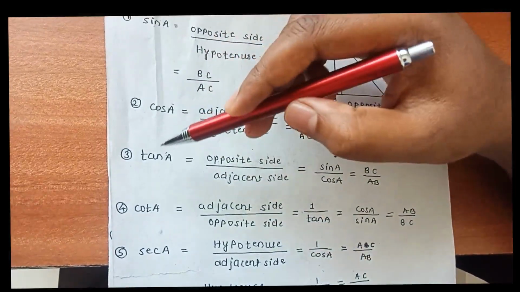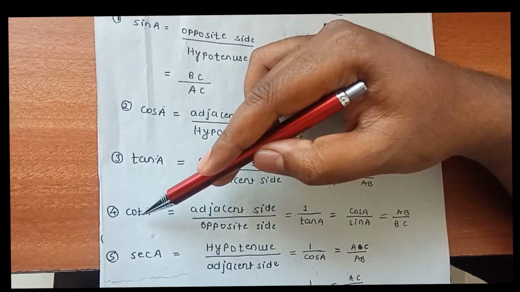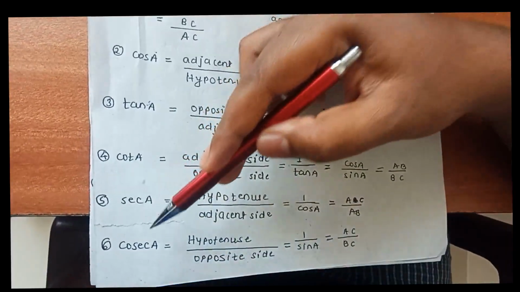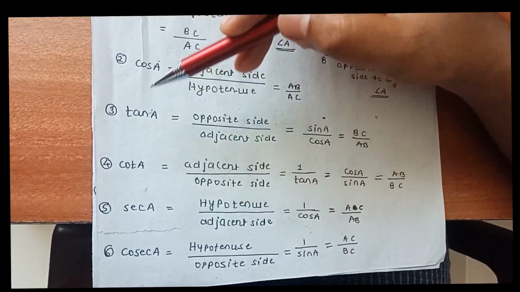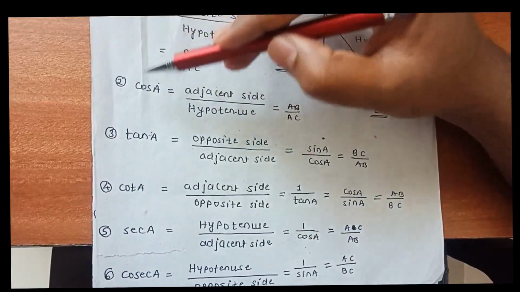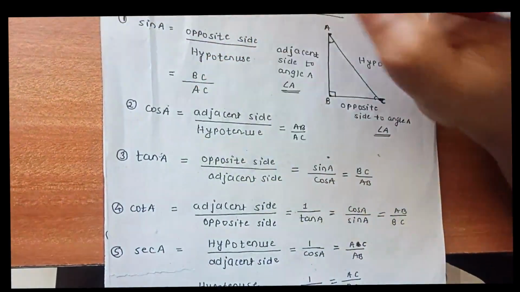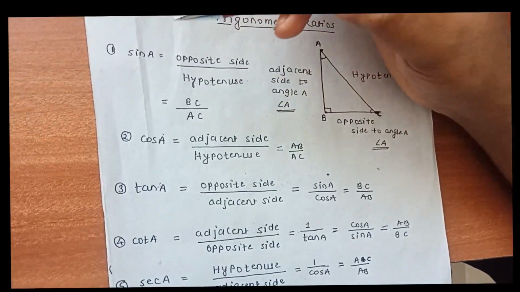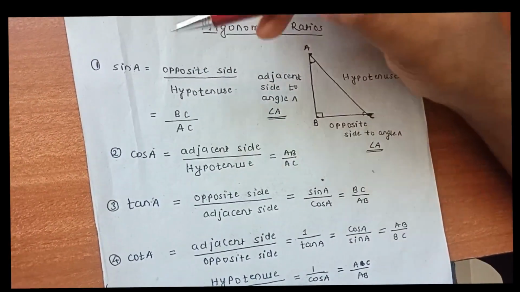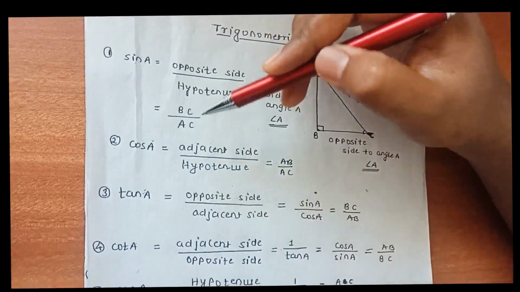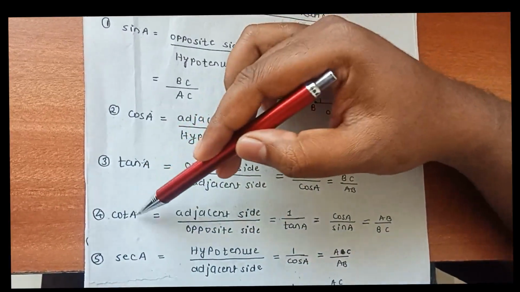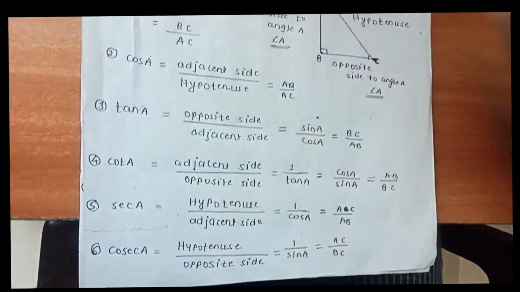So tan, cot, sec, and cosec, all four values we can find if we know the values of sin and cos. Sin and cos are the ancient ones, found first, and then on the basis of that, depending on the requirement, they found tan, cot, sec, and cosec.